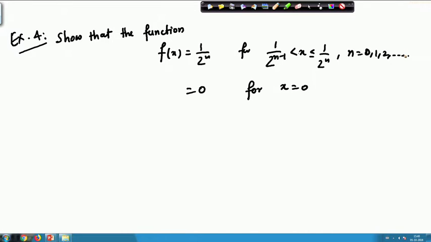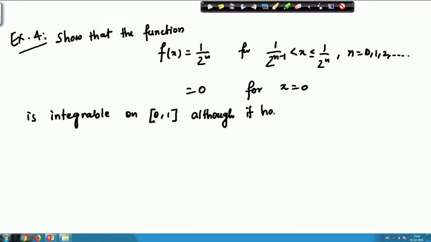Now, it is integrable on [0, 1], although it has an infinite number of points of discontinuity.